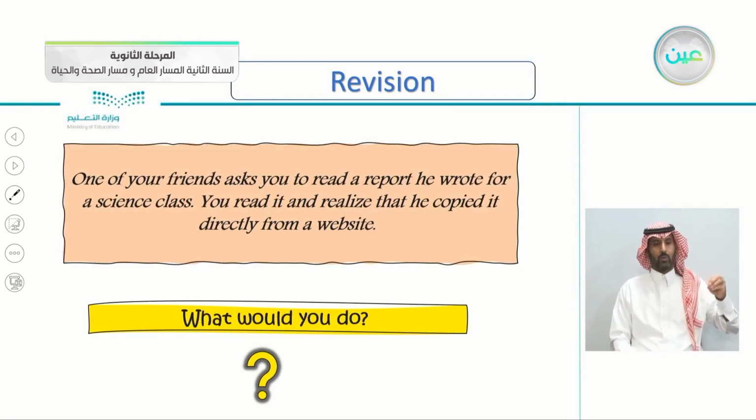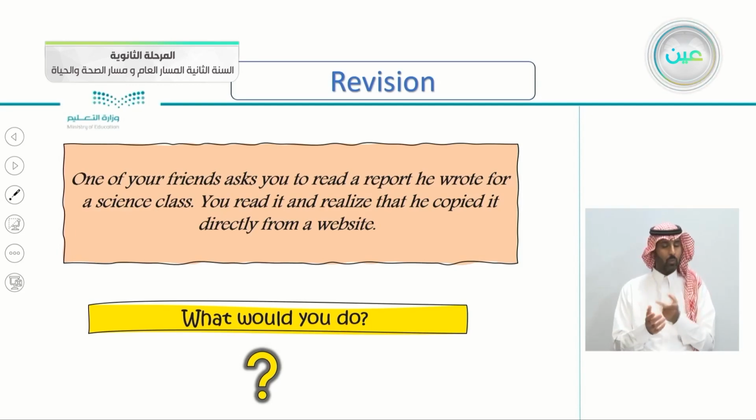And if you remember, in our previous lesson, the listen and discuss, we asked some questions about the theme of the unit. What would you do? One of your friends asked you to read a report he wrote for a science class. You read it and realize that he copied it directly from a website, so he didn't do it himself. Now you know that your friend cheated. What would you do? This is the theme of the unit.